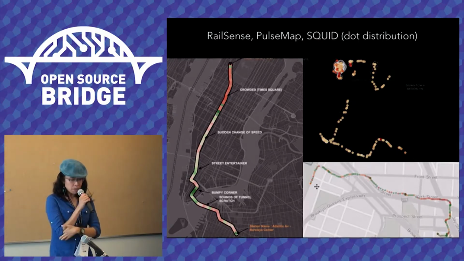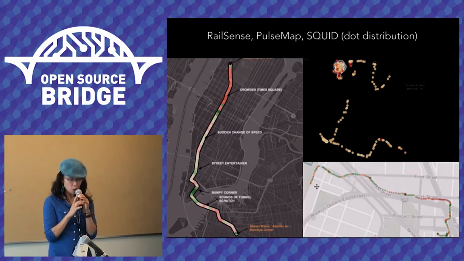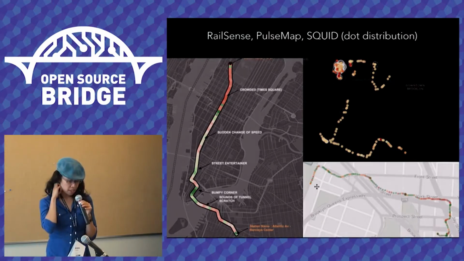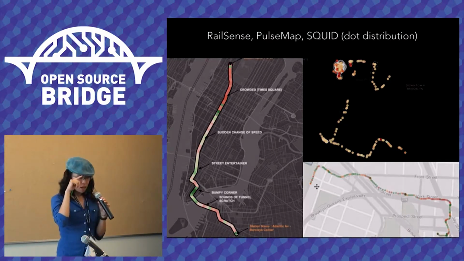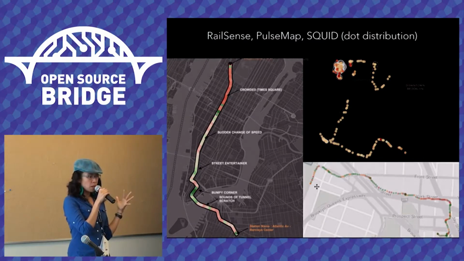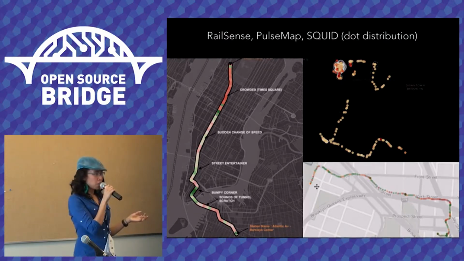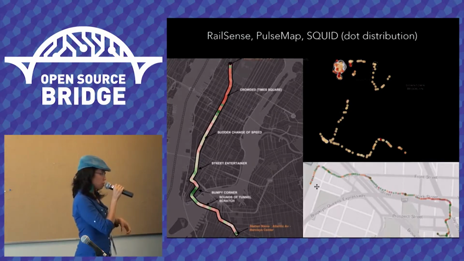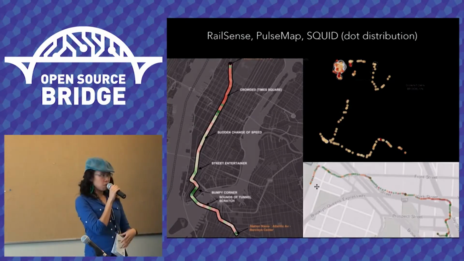This is what I was talking about in terms of dot distribution being a very common way that we visualize quantified-self data. On the left is a project that used brain sensors on subway riders. In New York, there's an organization called Straphangers that rates the subway lines as most rider-friendly and least rider-friendly.